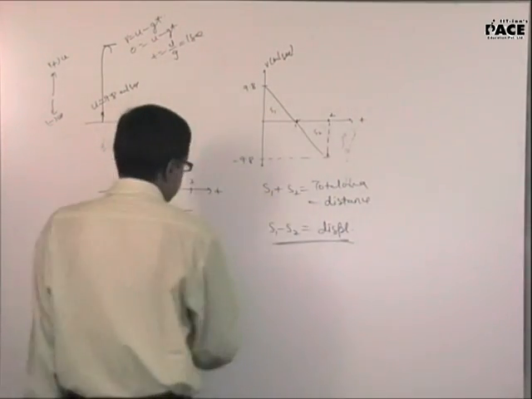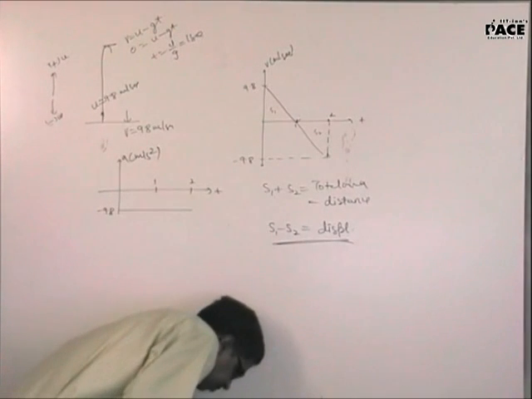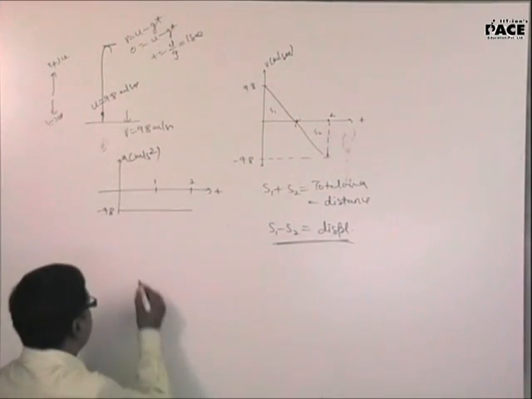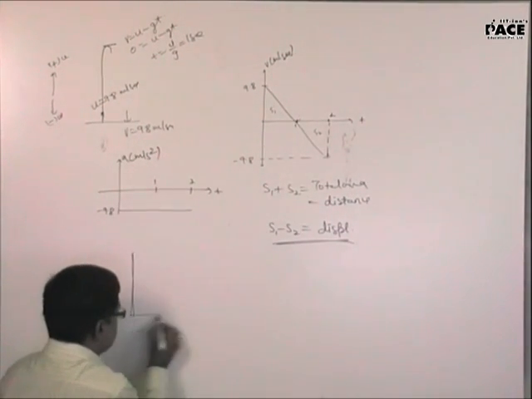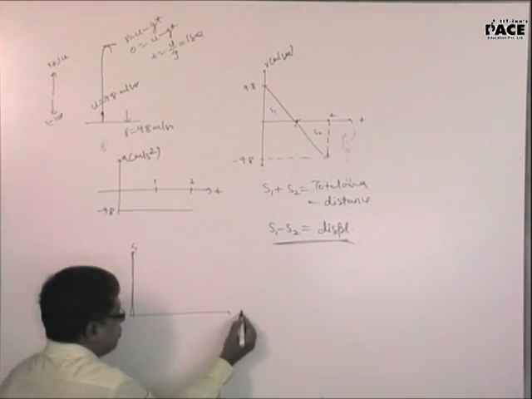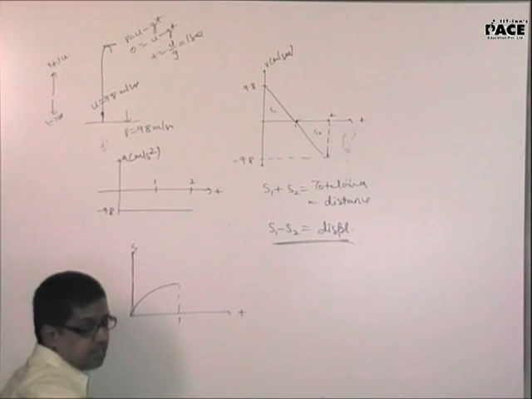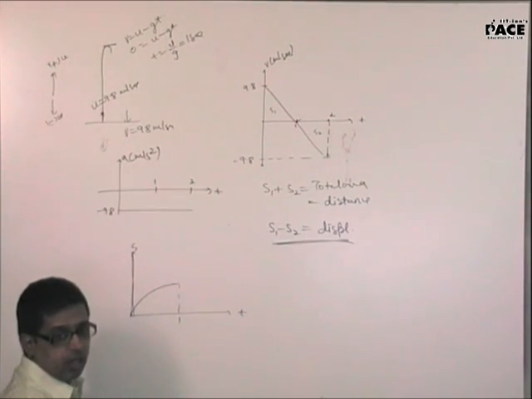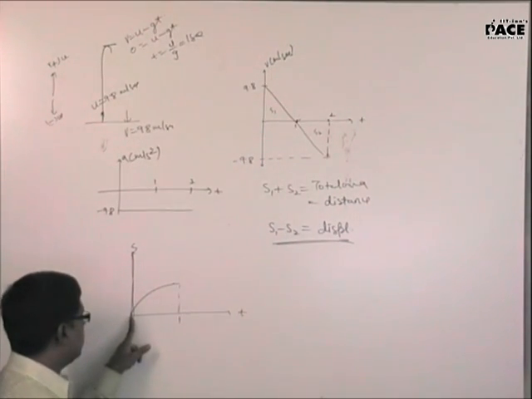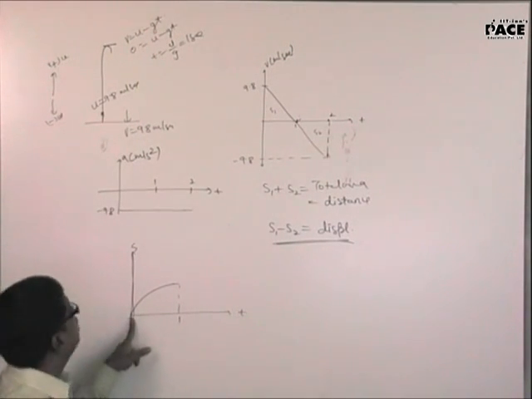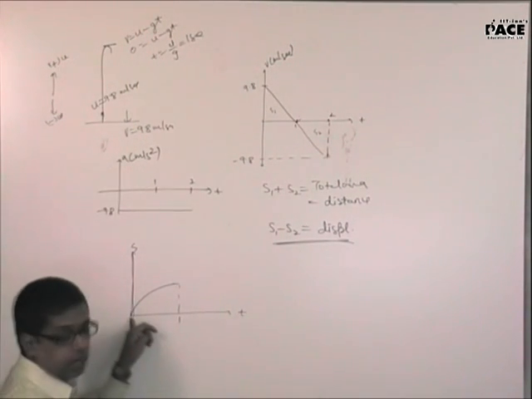Now, how do you draw the displacement time graph for this problem? When it comes to the displacement time graph, watch out for this carefully. This is displacement and time. For the first half of the journey, for 1 second, this will be the state. Why will this be the state? Initially at time t equal to 0, the displacement is 0, you are starting off from the ground.